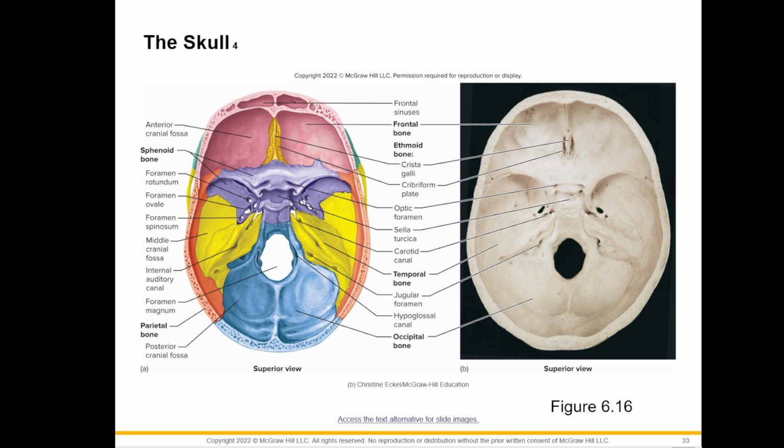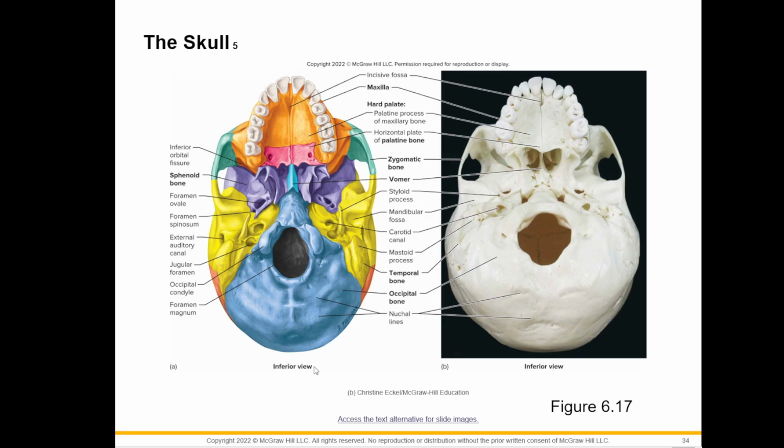But the other parts of it, I don't think you have to memorize that. Okay, we have the occipital condyle. So the ones I mentioned are the important ones: occipital condyle, you have the styloid process, you have the palatine bones. Okay, I guess that's it.